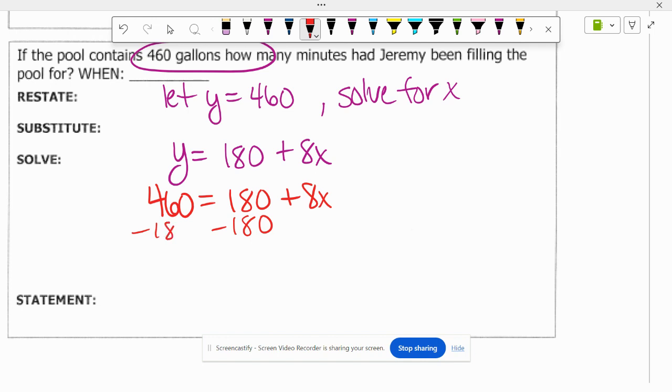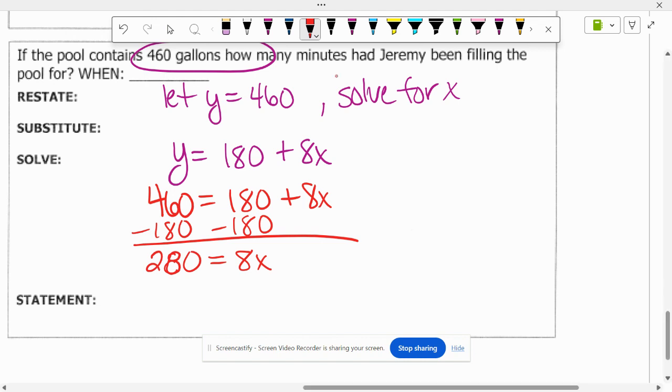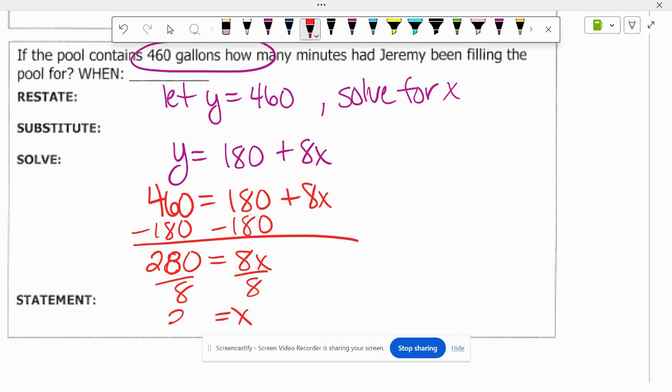Good job, Viviana. So 280 equals 8x. Keep going. Anyone? Divide both sides by 8. What'd you get? 35. You got a statement for me, sir?